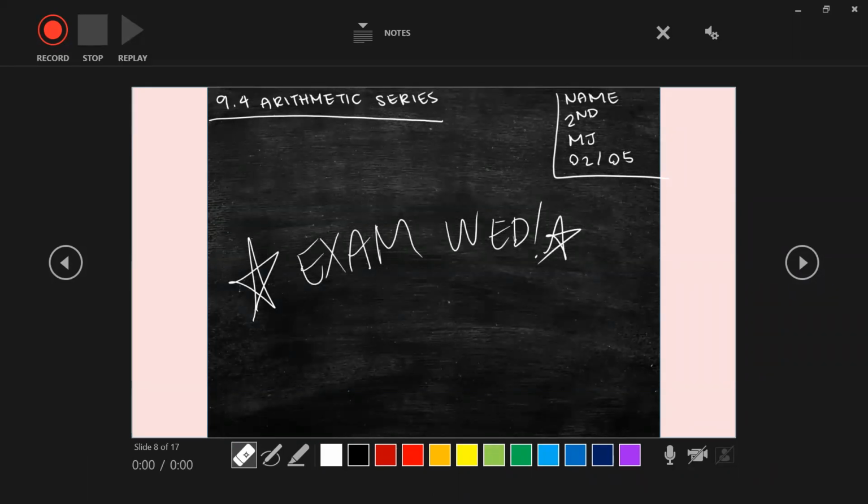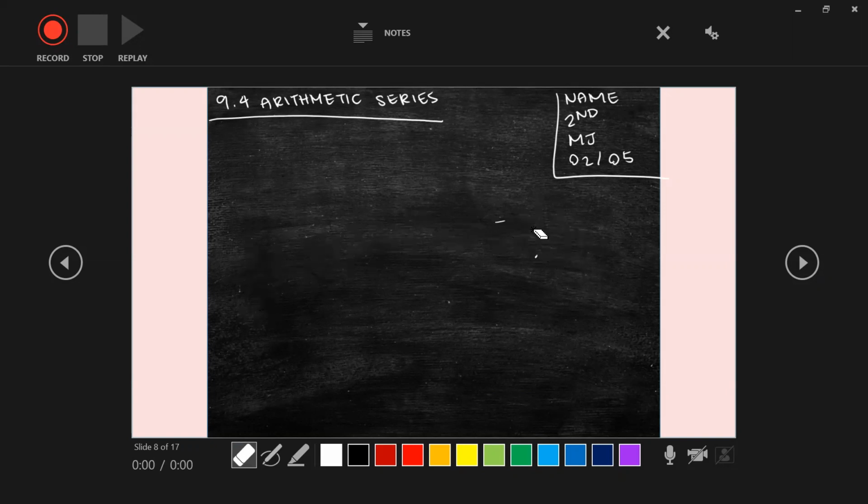So starting out our arithmetic series, we are going to do a definition, the definition of a series. A series is the sum of terms of a sequence.